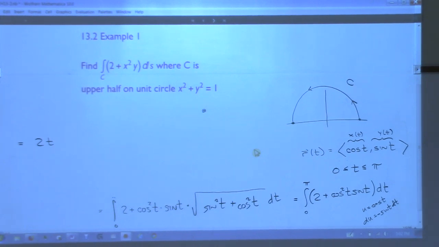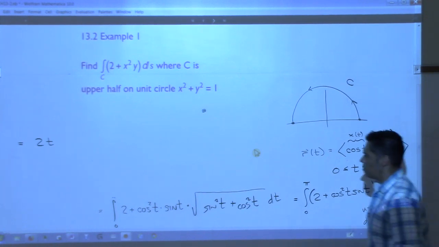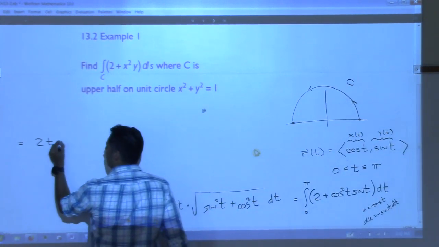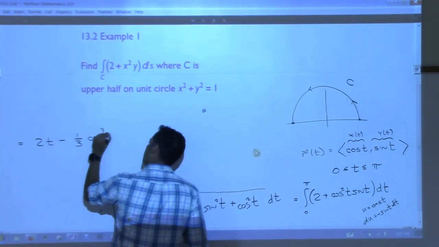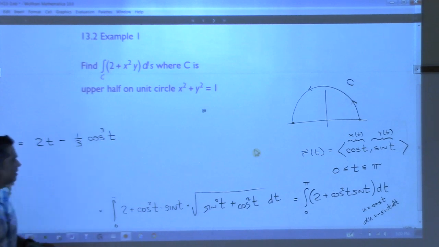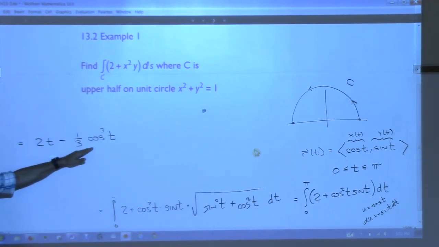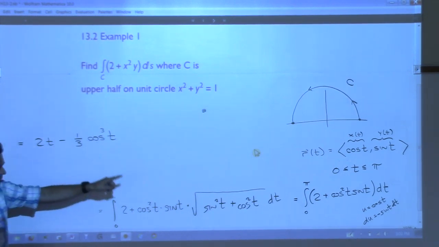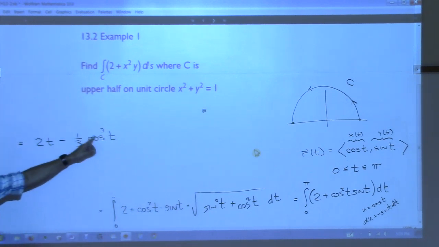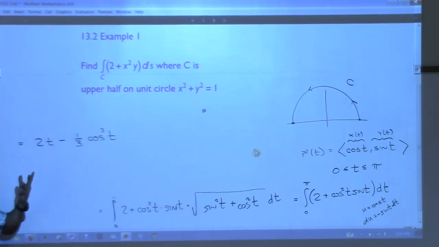So how about negative 1/3 cosine cubed t? Let's double check by taking the derivative of this. The 3 comes out, it becomes cosine squared t, then times the derivative of cosine t, which is negative sine t, which gives us that piece. And the negative and the negative become plus. So yeah, that should work, right?